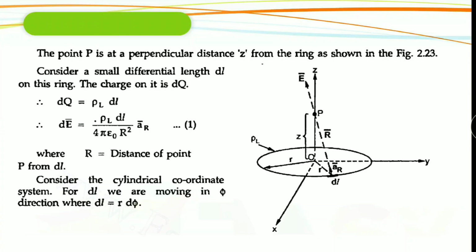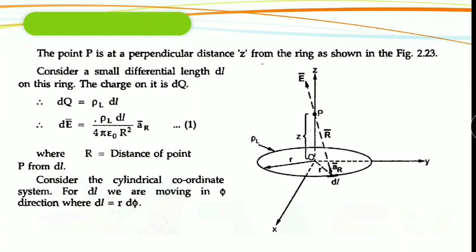That means in the formula dq equal to rho L dl, we have to replace dl by r d phi, because dl is the value we have to change into the cylindrical coordinate system. So we substitute this value in the dq equation.